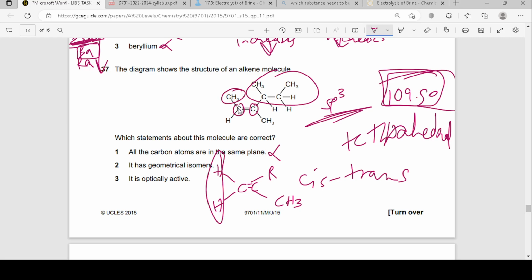Over here you have two different groups attached, one CH3 and one H, and on this carbon atom as well you have two different groups, this whole thing and also this CH3. So that means you can have cis-trans here. I hope that makes sense.